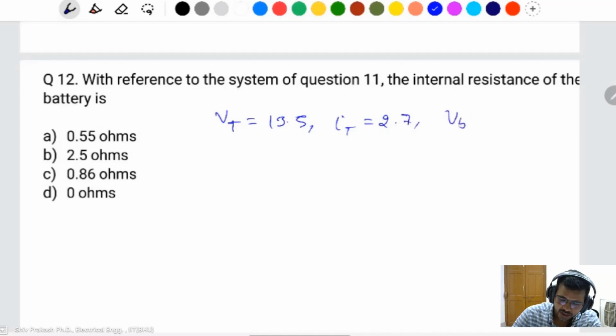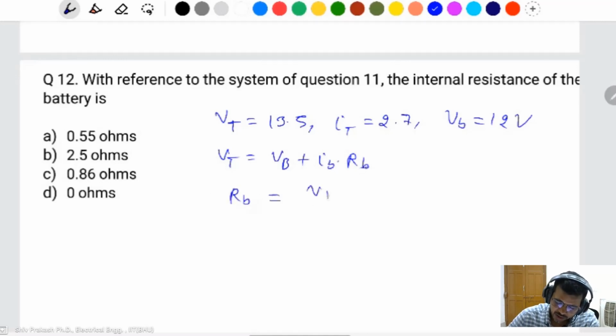The battery voltage is given as 12 volt. Vt is Vb plus Ib into R. And what is the Rb? This is the battery internal resistance: Vt minus Vb divided by Ib. 30.5 minus 12 volt divided by 2.7 is 0.55 ohm.